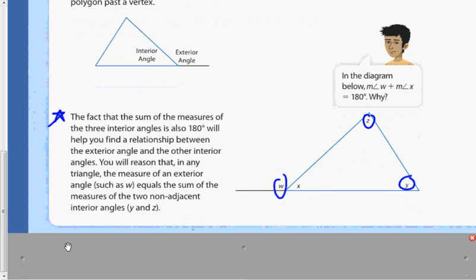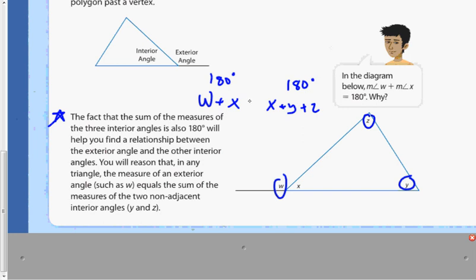So remember, sum means adding. So essentially, if we know that W plus X is 180 degrees, so that's 180 degrees, we're also saying that, I'm going to slide this over a little bit, inside of a triangle, X plus Y plus Z is also 180 degrees, because it's inside a triangle.